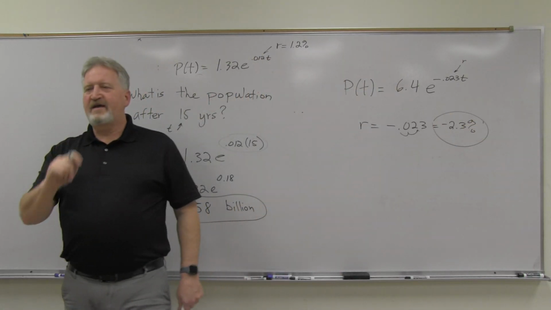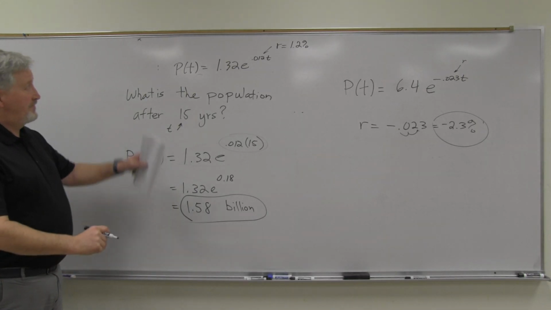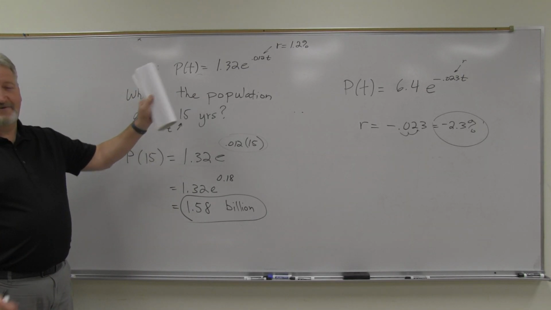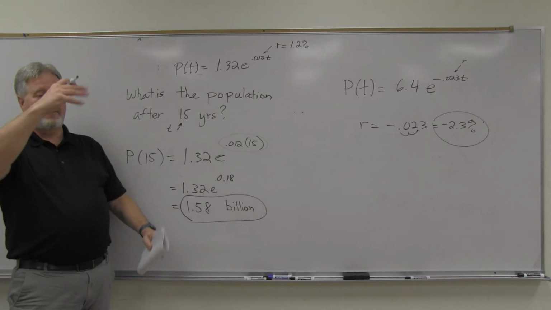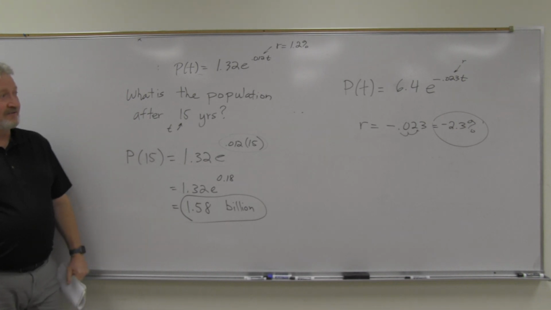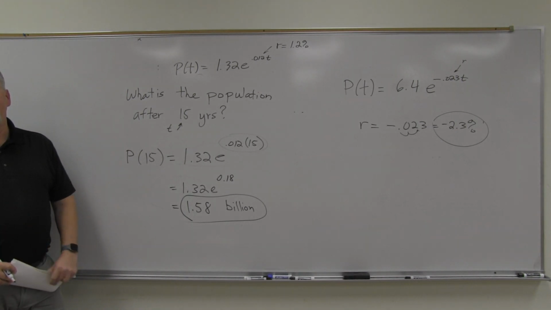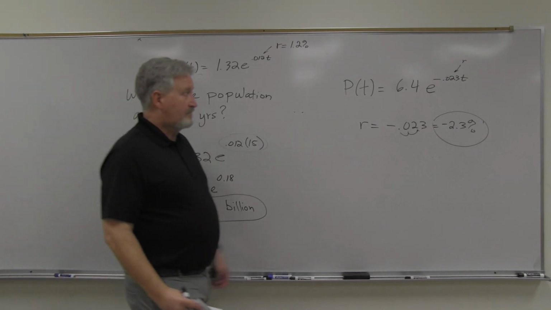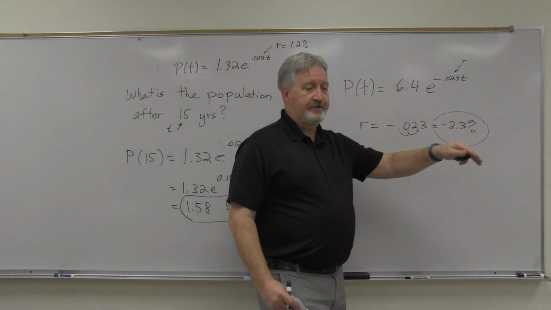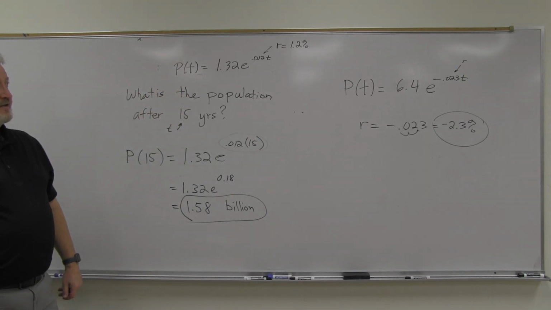What do you think the negative means? Well, this one has a positive growth. The population's growing. So if you have a negative growth rate, obviously, it would mean the population is decreasing in that particular model. So population is going downward instead of upward when you have that negative growth rate.